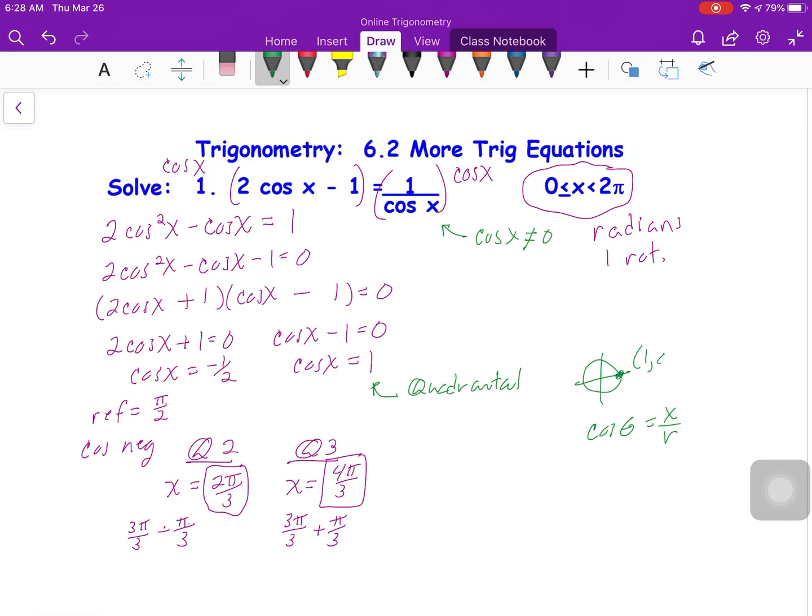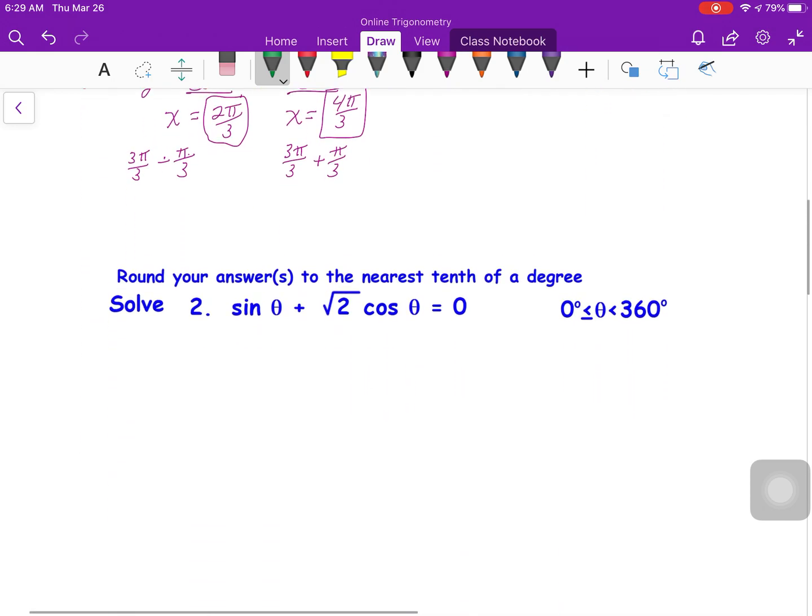And that occurs right here at 1, 0. So that would correspond to x equals 0 radians. The first problem, therefore, had 3 solutions. Let's take a look at the second example.